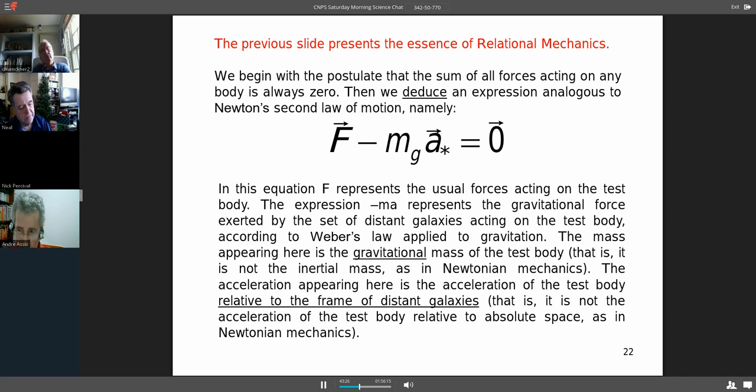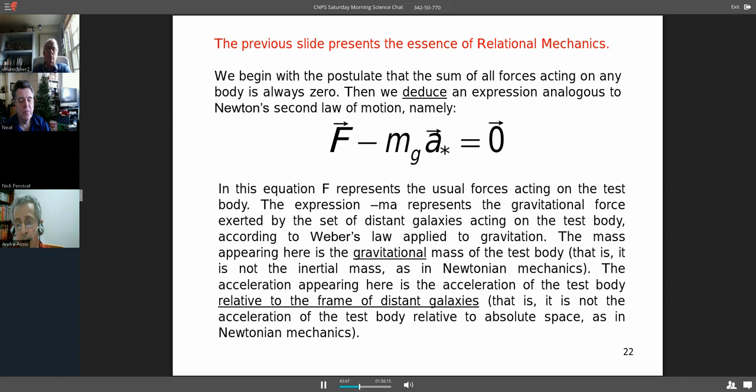The mass appearing here in this minus ma is the gravitational mass of the test body. That is, it's not the inertial mass as in Newtonian mechanics. The acceleration appearing here is the acceleration of the test body, the apple, relative to the frame of distant galaxies.